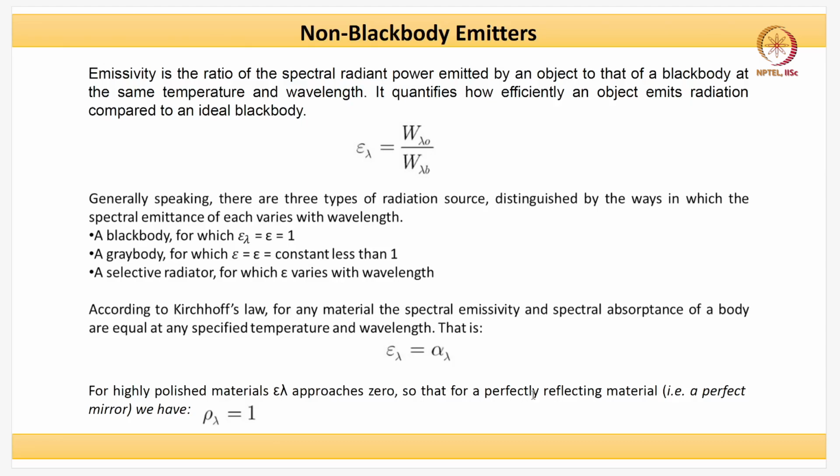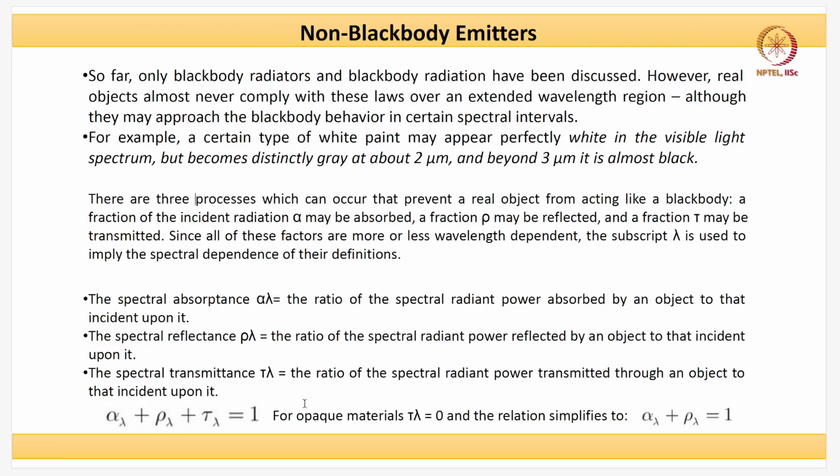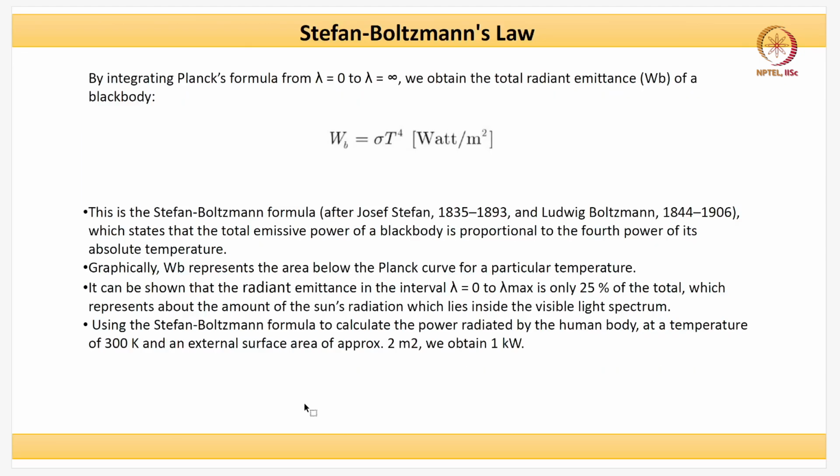For a reflecting material, we have rho lambda equal to 1, like a mirror. A mirror is always reflecting, so this is almost equal to 1. So these are the stories of the black body emitters. So far, only black body emitters.